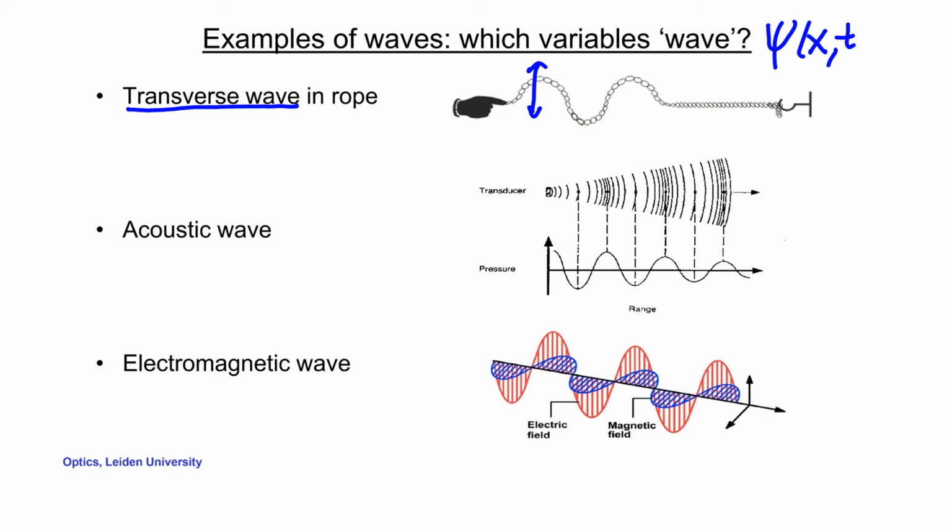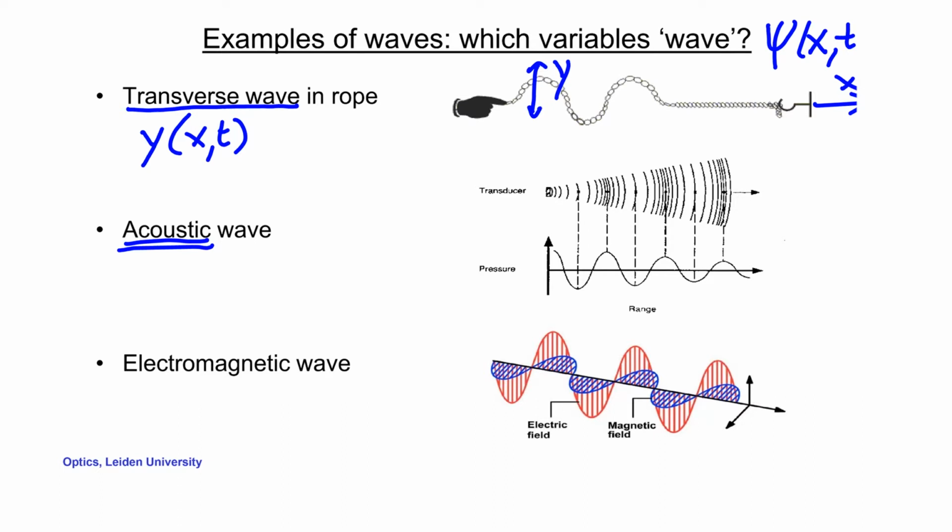What wiggles is the transverse position of the rope, which you, I guess, typically will indicate with y, transverse displacement, instead of psi. And this transverse displacement moves in position and, of course, also in time. A second example is an acoustic wave.